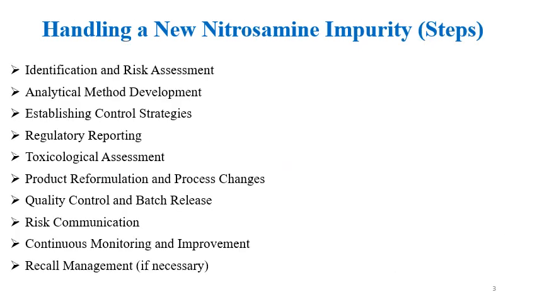Handling a new nitrosamine impurity involves steps like identification and risk assessment, analytical method development, establishing control strategies, regulatory reporting or regulatory communication, you can say, then toxicological assessment, product reformulation and process change if required, quality control and batch release, risk communication, continuous monitoring and improvement, and the product recall or recall management if it is required.